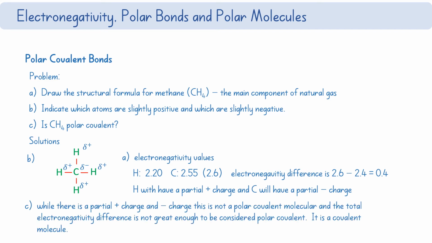While there is a partial positive charge and negative charge, this is not a polar covalent molecule, and the total electronegativity difference is not great enough to be considered polar covalent. It's only 0.4. So it's a covalent molecule.